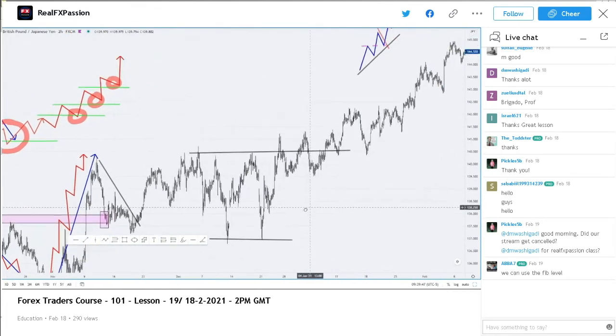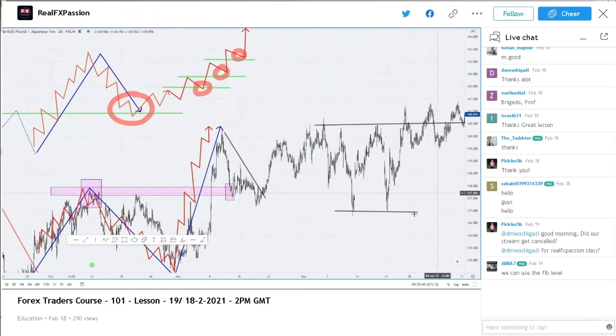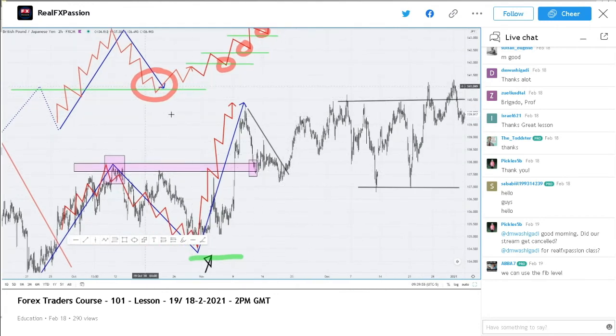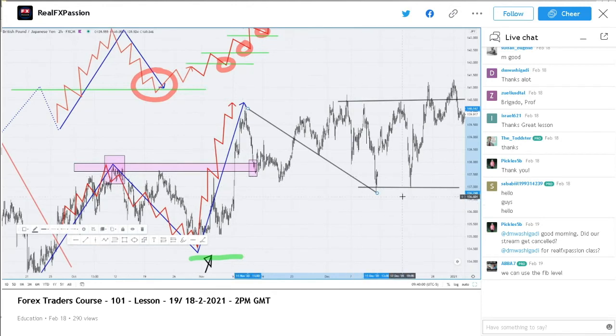The market took off. So let's say that we missed the end of the retracement.